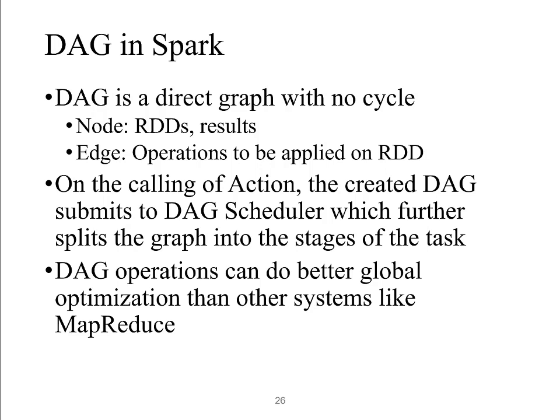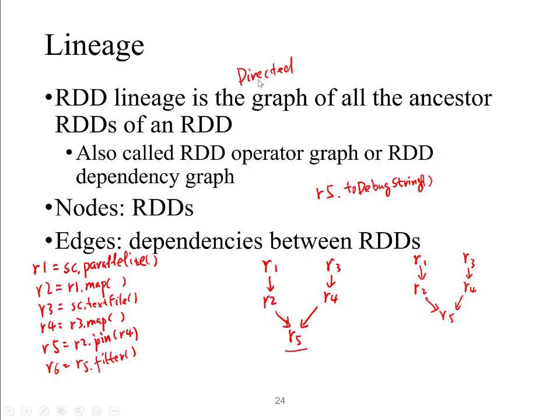So you can imagine, as in the example that we mentioned before here, if we add R7 is R6.reduce, the DAG is pretty much like this, right?